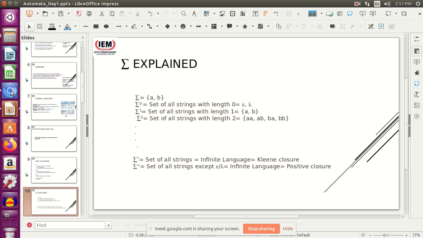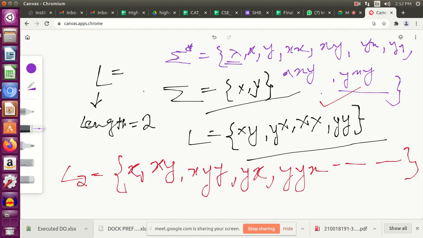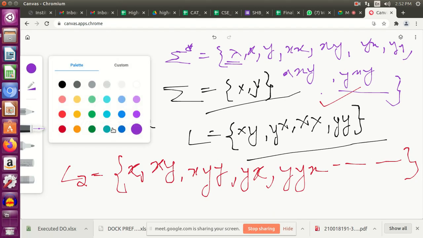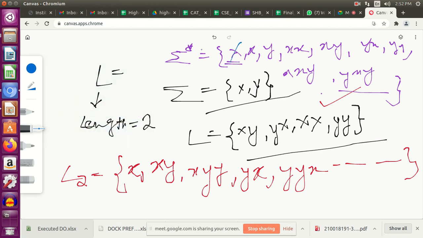Okay. Next important thing is sigma plus. Sigma plus is very similar to sigma star, the only difference being that it will not contain the epsilon. So this is sigma plus or positive closure, not Kleene closure.